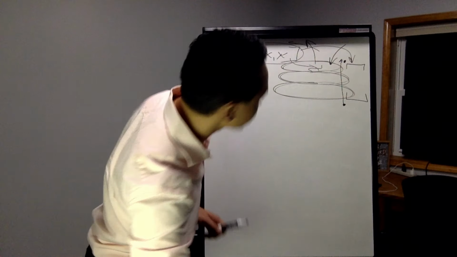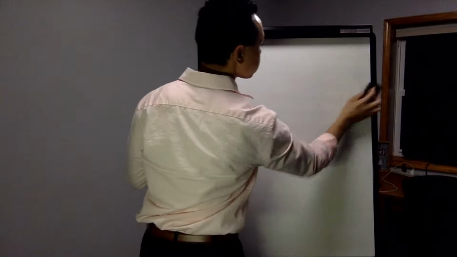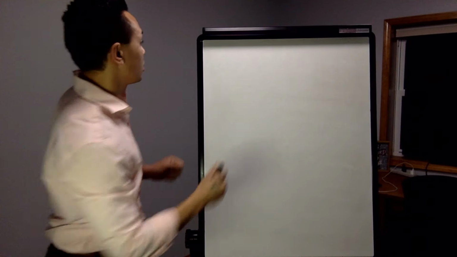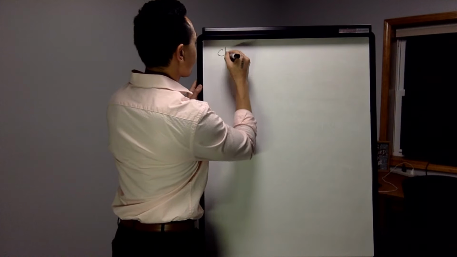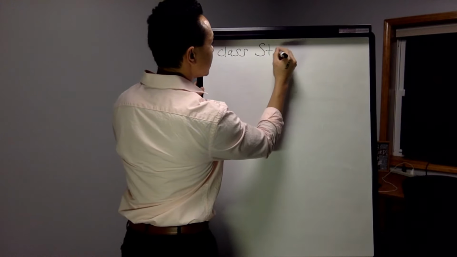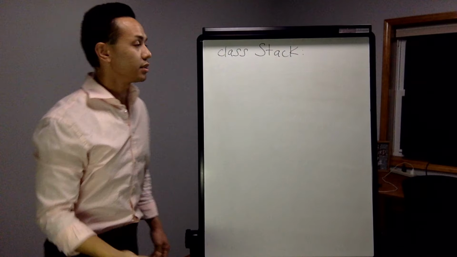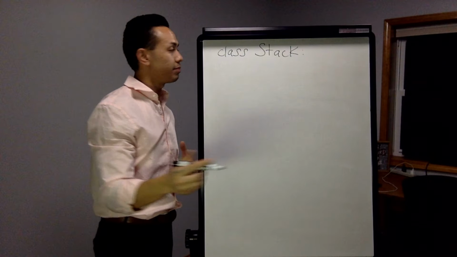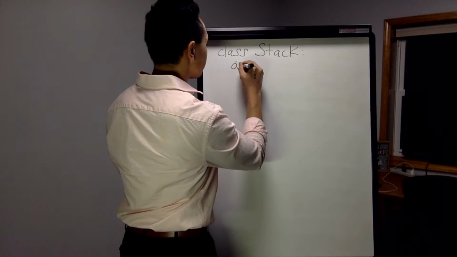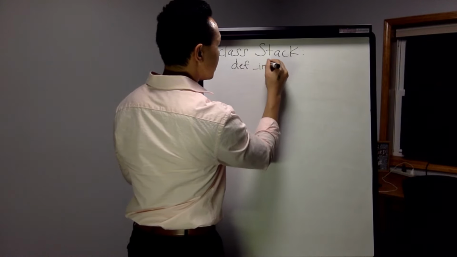Okay, so now we're going to define the stack class. Here we go. So, very similar to the queue class, the stack class is going to have 4 methods on it. And you guessed it, the first one is the init method, which allows us to initialize an instance of the stack.